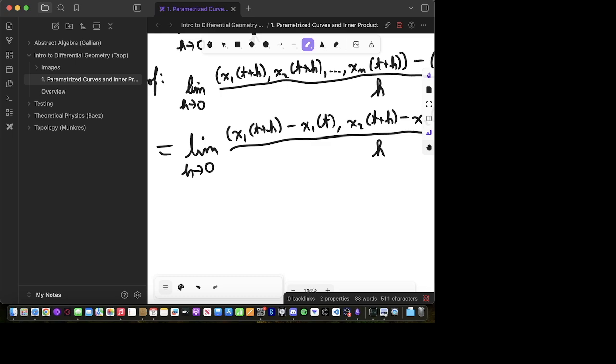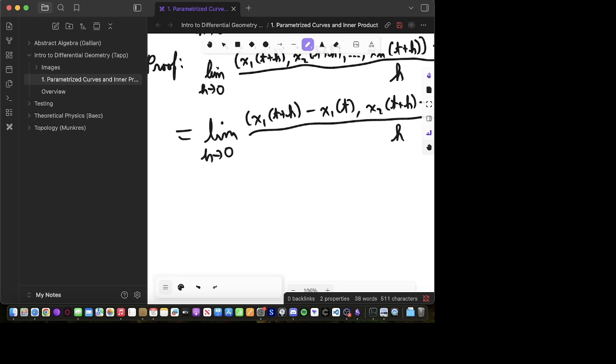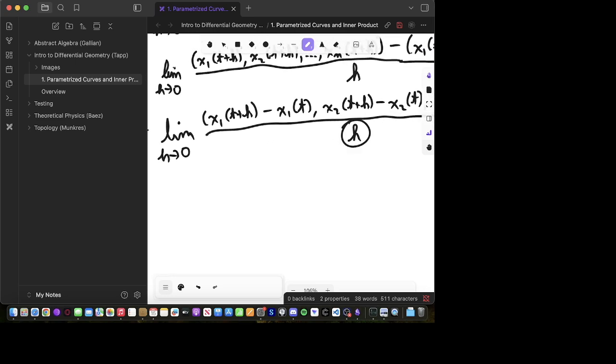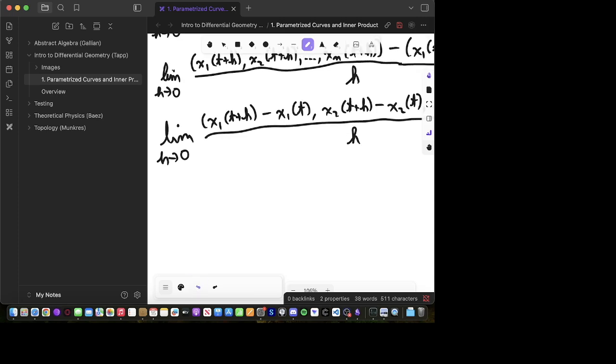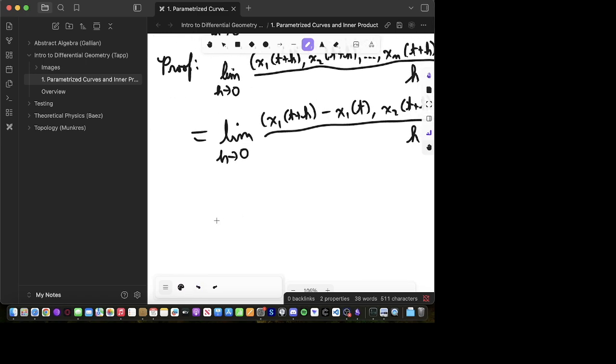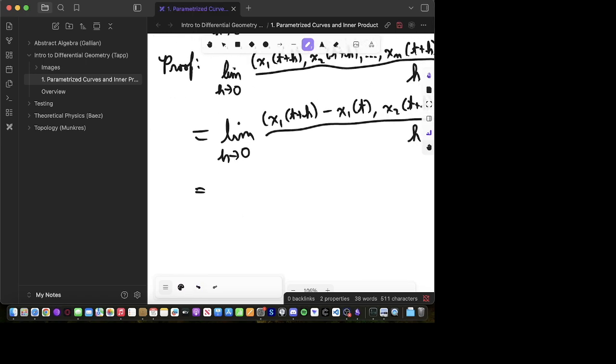So now, since h is a scalar, that is a number, we can divide each component by h.